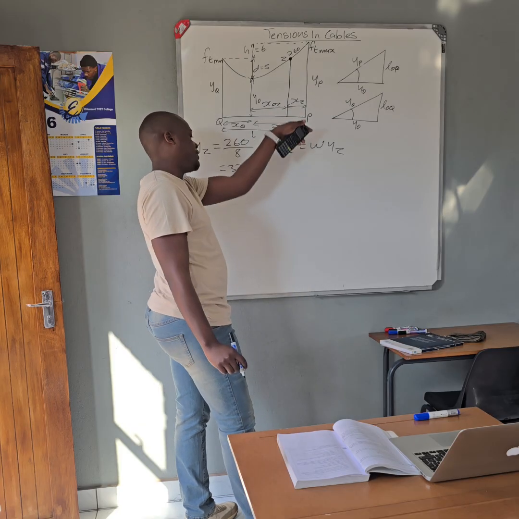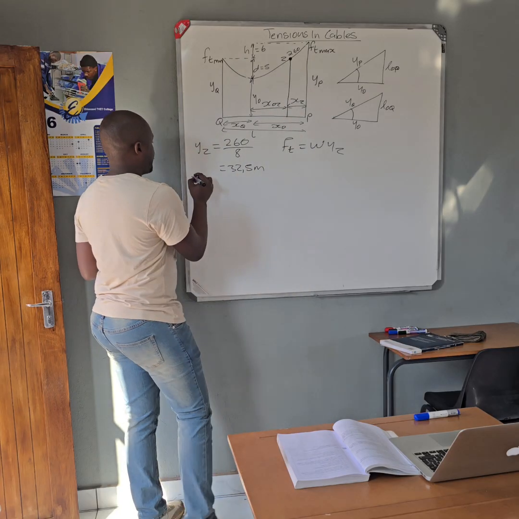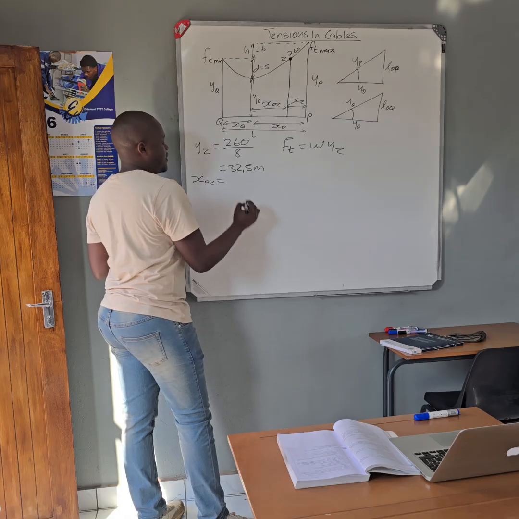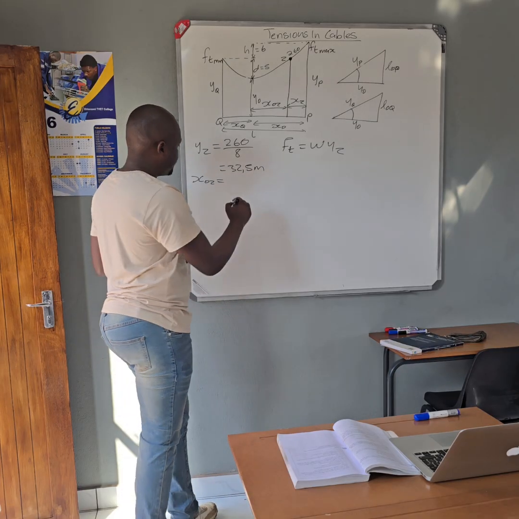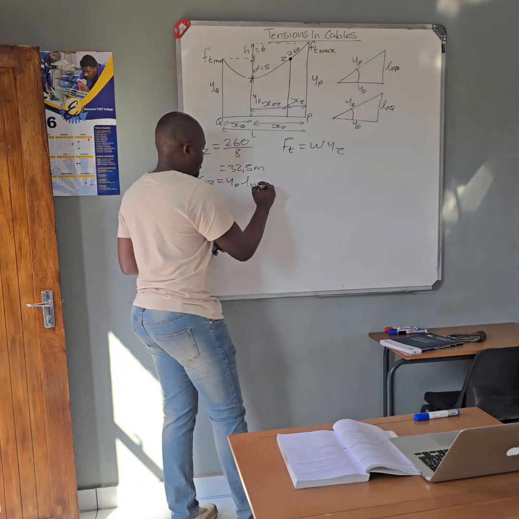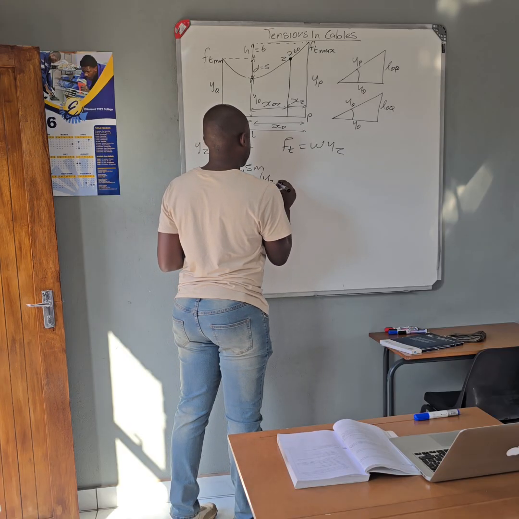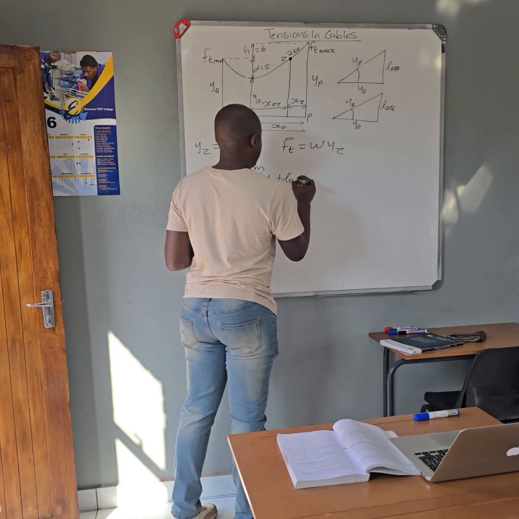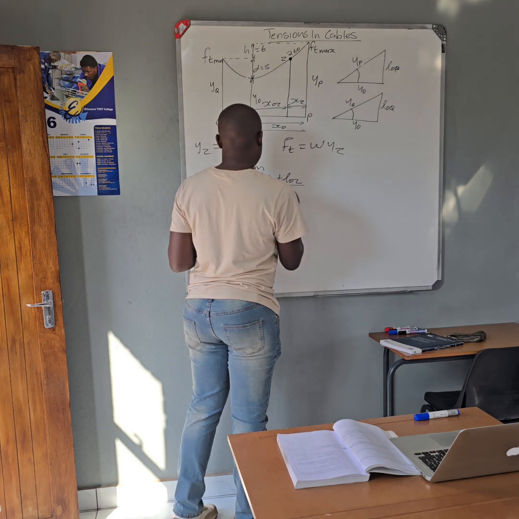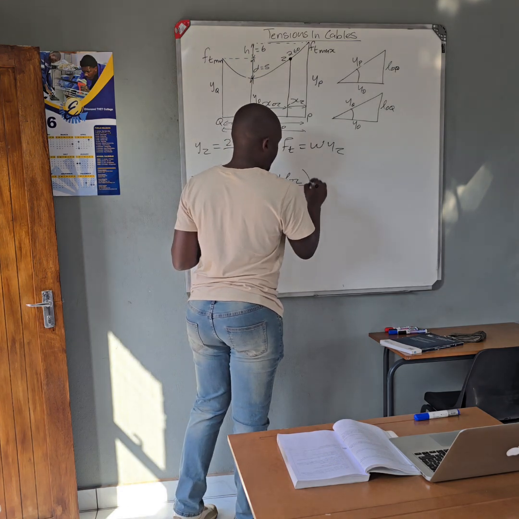So XOZ is going to be equal to YO in of YZ plus LOZ, all this divided by YO.